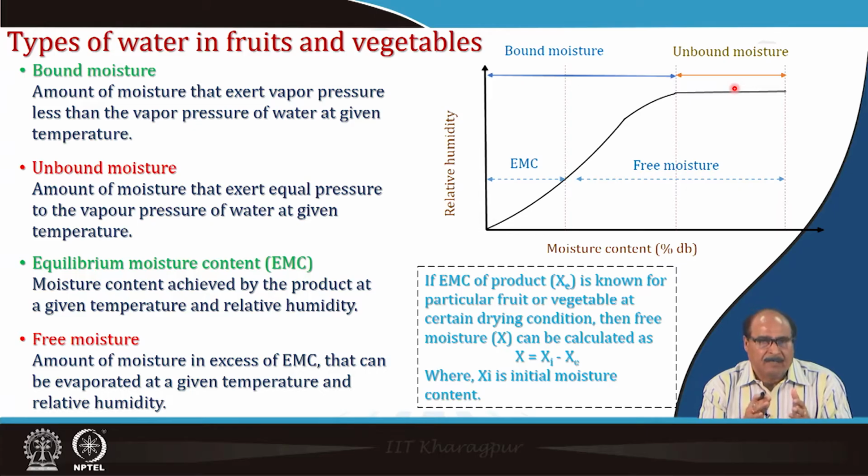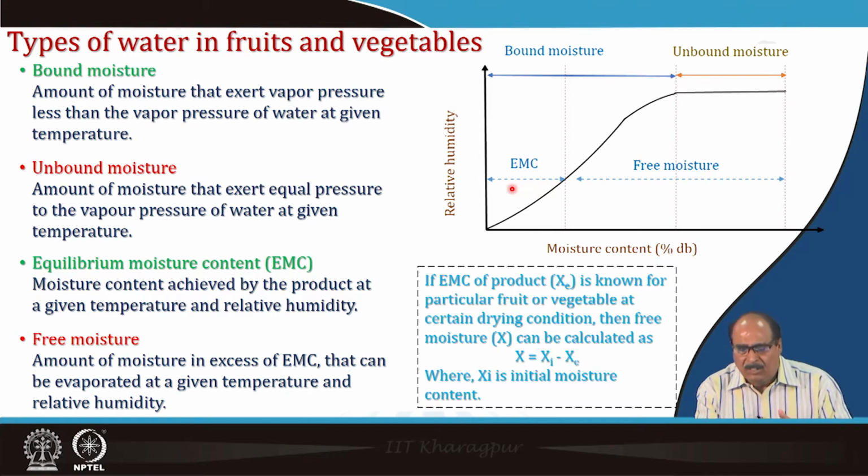a given temperature. Equilibrium moisture content, you can see here in the figure EMC, is the moisture content which is achieved by the product at a given temperature and relative humidity. And free moisture content is the amount of moisture in excess of EMC that can be evaporated at a given temperature and given relative humidity.